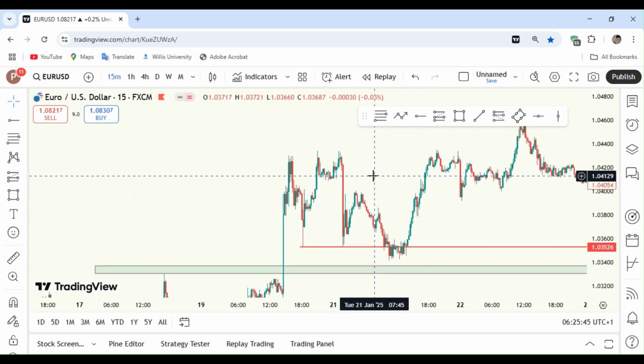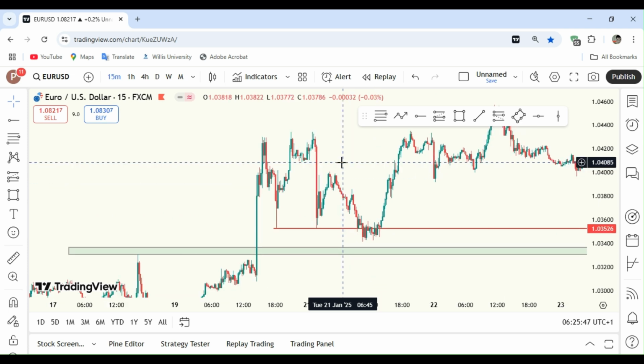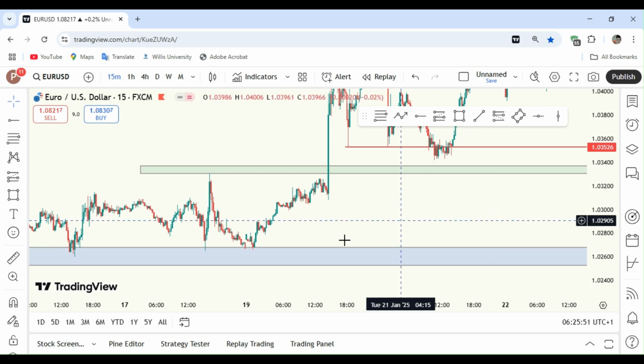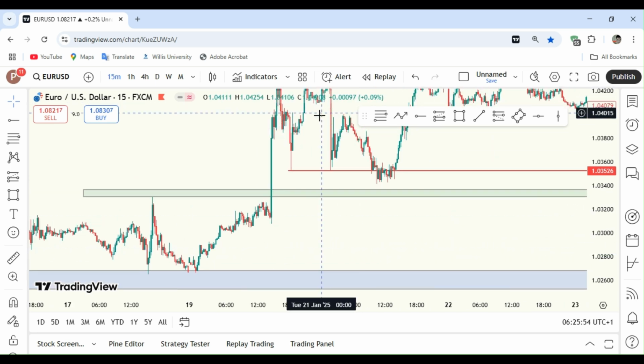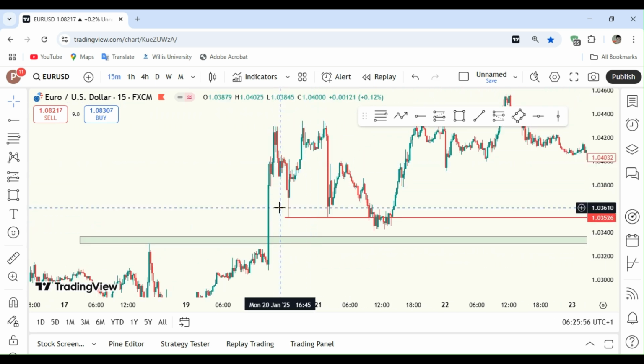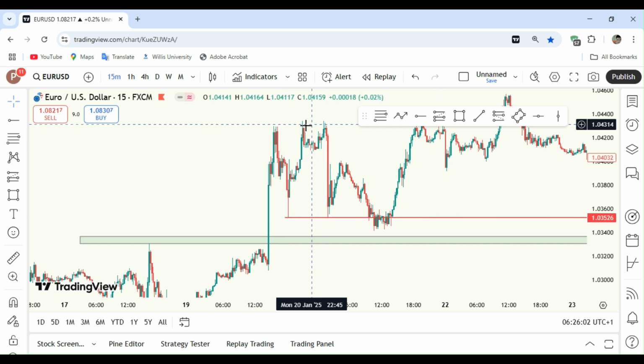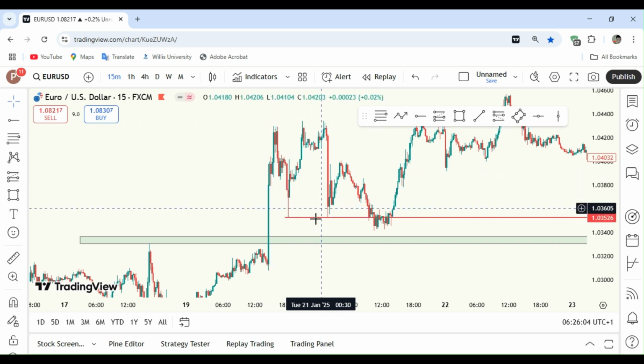Now it's simple. Since price has broken structure, how do we trade this? We spot a high. This looks like a low. You remember what I showed you guys on market structure? Now we spot an equal high and equal low.